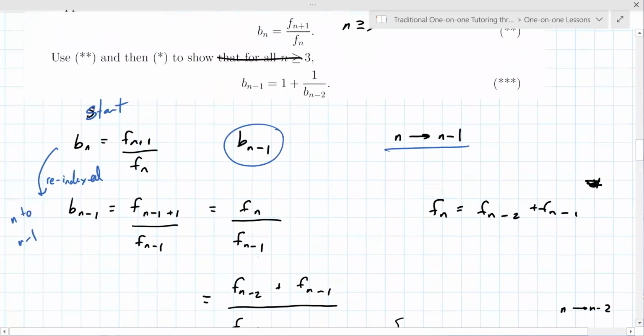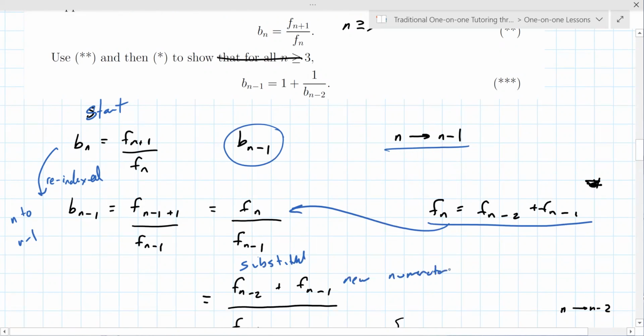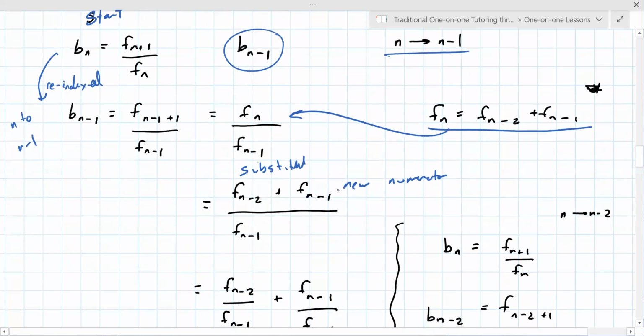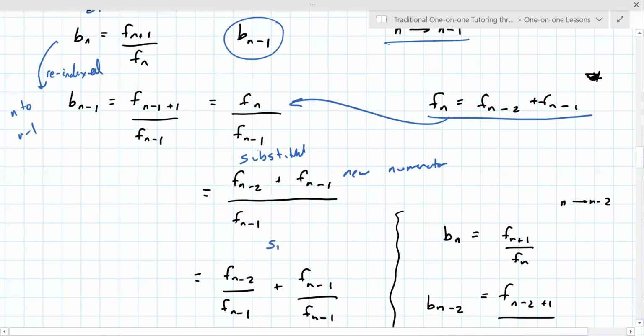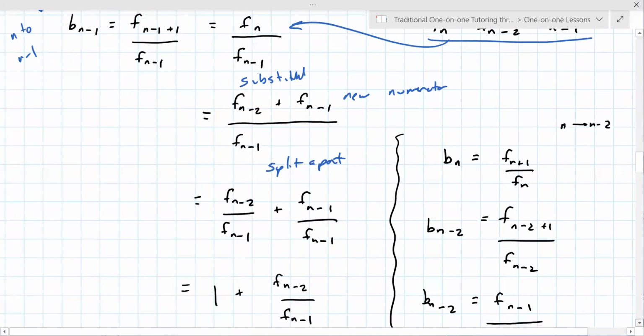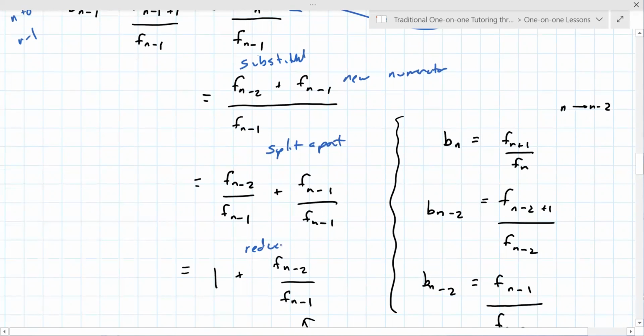We then substituted this right here in there to get a new numerator. That new numerator we split apart, and then we just reduced.